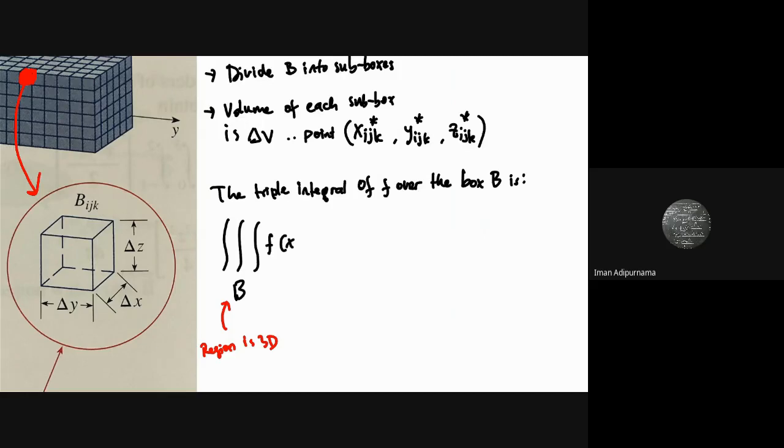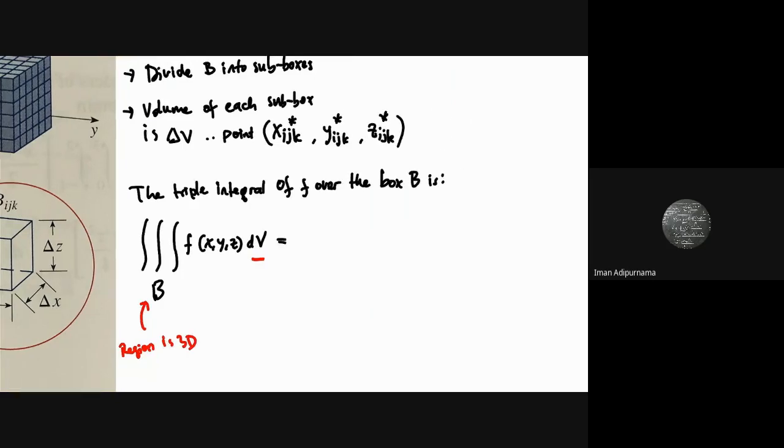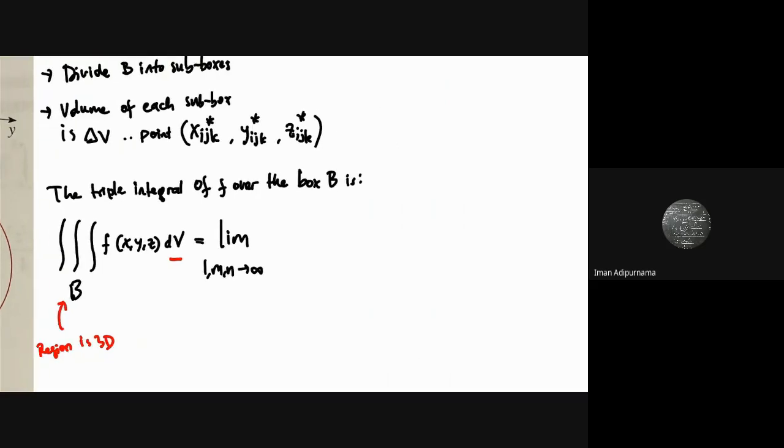So the integral, and we are using dV now, is equal to the limit. Now we have l, m, and n. We have 3 components instead of 2 as in the double integral.